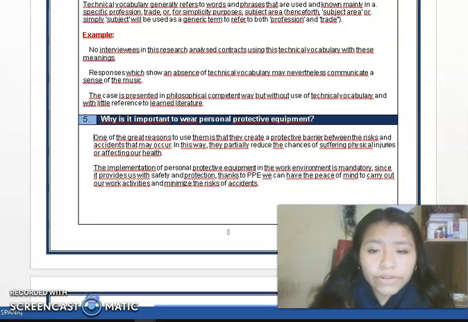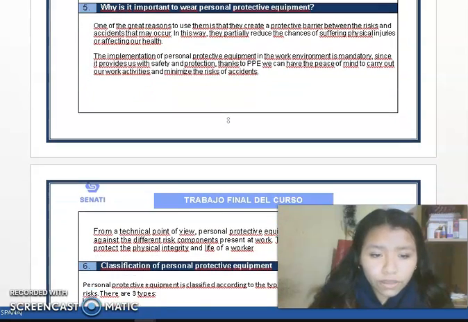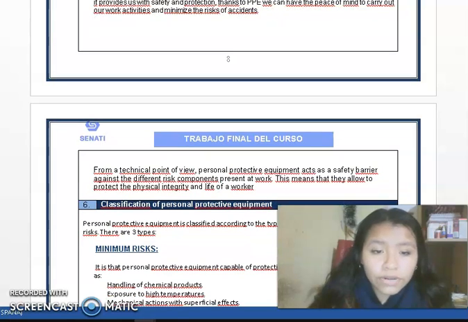And from a technical point of view, personal protective equipment acts as a safety barrier against the different risk components present at work. This means that they allow us to protect the physical integrity and life of a worker.